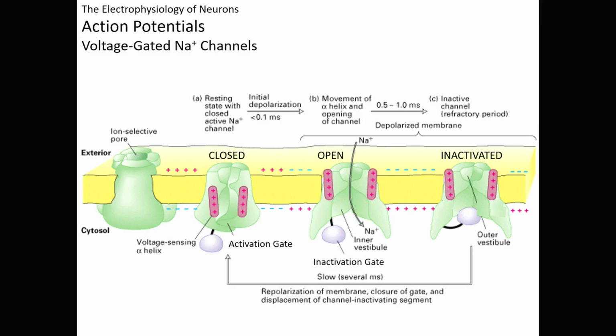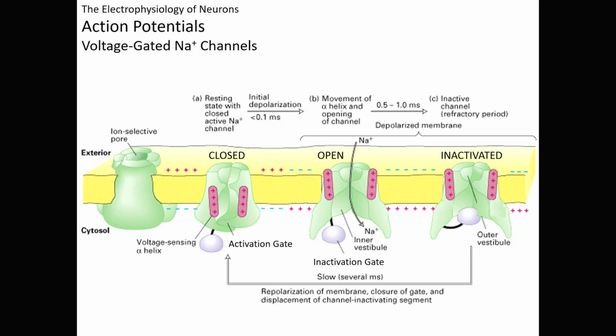Now, how do we close the activation gates? Well, we have to get our membrane potential back down below threshold. Because once we get our membrane potential back down below threshold, it'll be negatively charged enough on the inside face of that membrane to pull those voltage-sensing alpha helices back inward, and then that will cause the activation gate to close, and then that will force back open the inactivation gate.